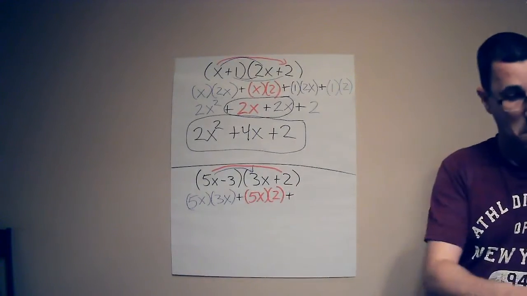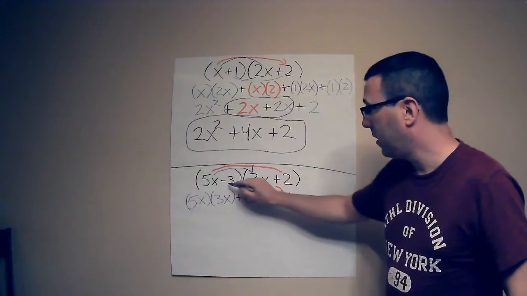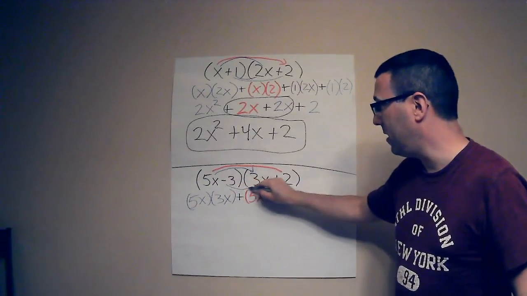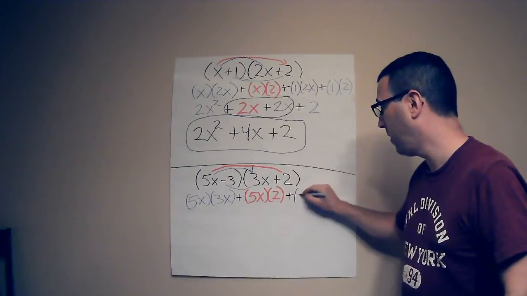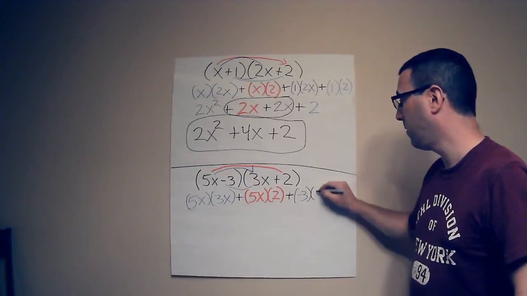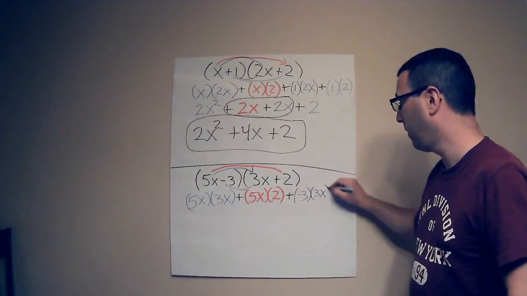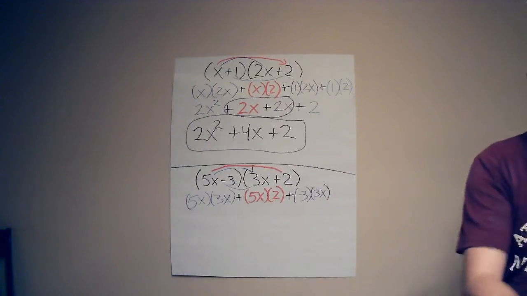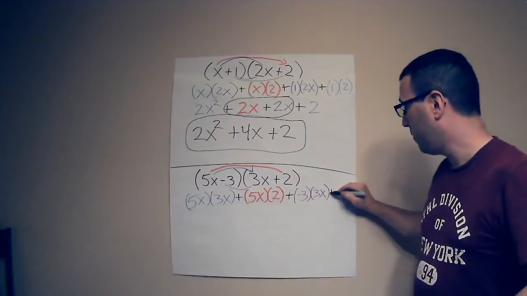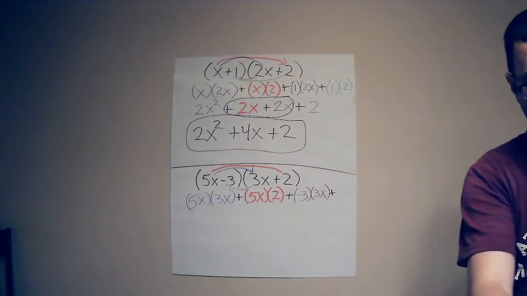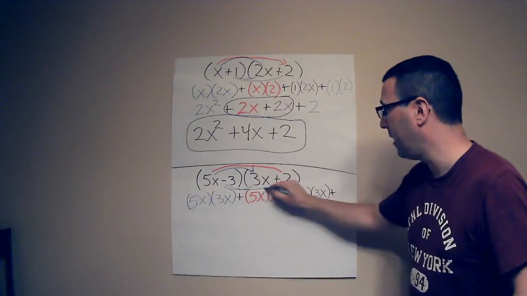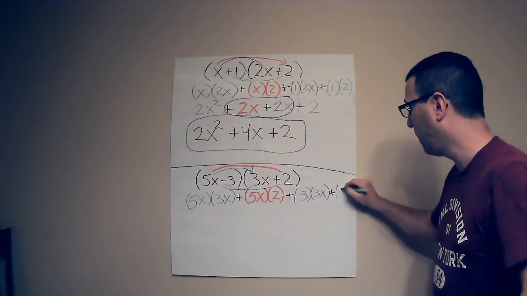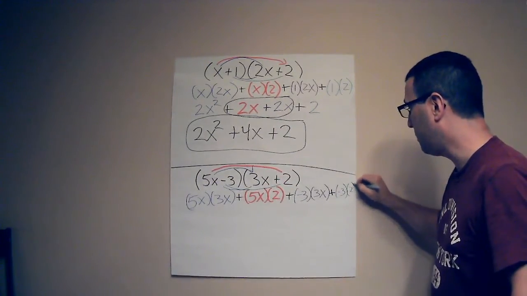Plus inside, negative 3 times 3x, plus last, negative 3 times 2.